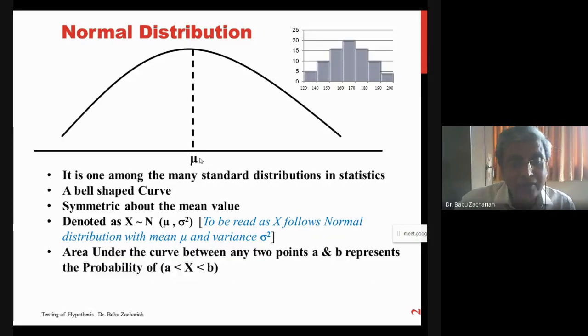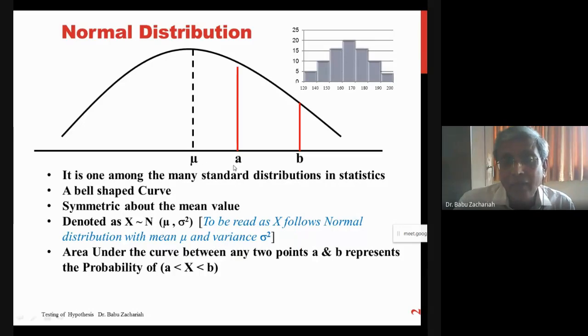And then further, the area under the curve between any two points A and B represents the probability of X falling between A and B. That probability it gives. Look at that sketch.